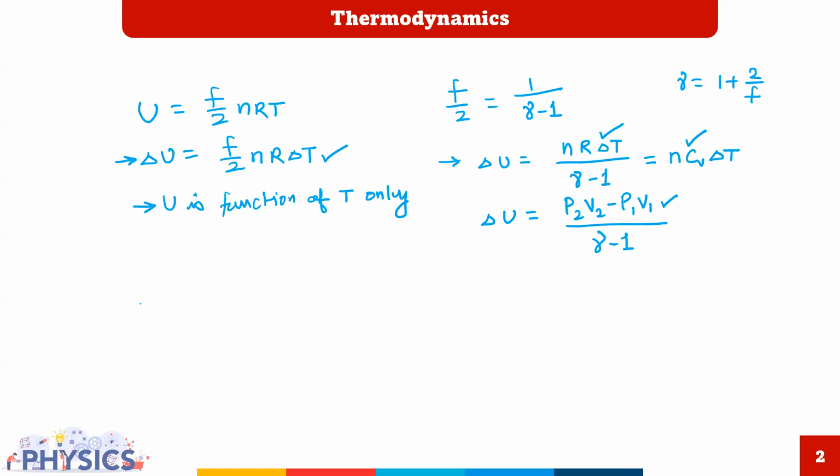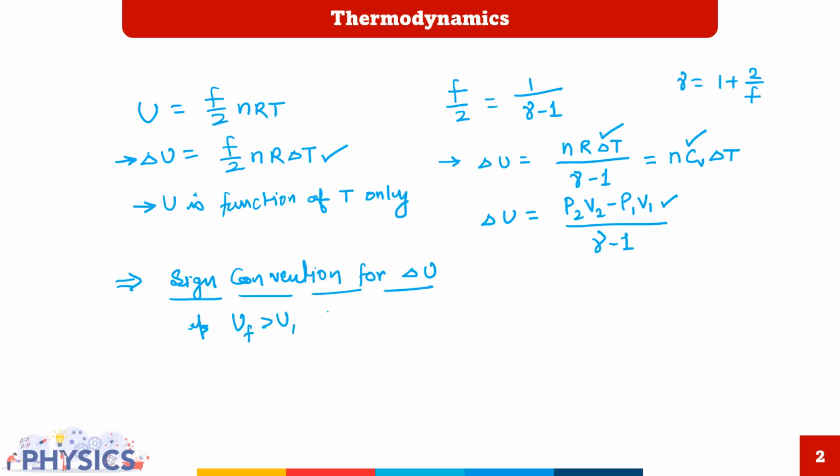Now we have to use the sign convention for delta U. Delta U is U final minus U initial. If U final is greater than U initial, which means internal energy is increasing, then delta U is positive.